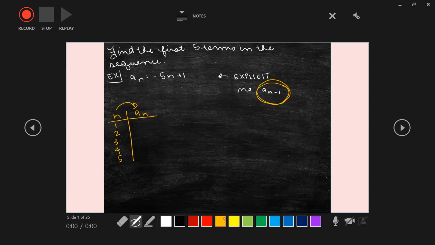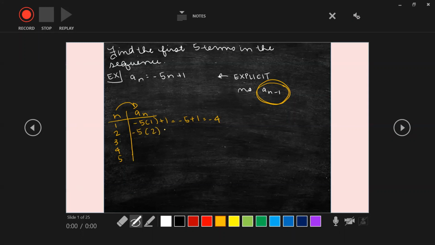But whenever you're using an explicit formula, you use the value to the left in the n category to get the value in the right category. So we will do negative 5 times 1 plus 1, or negative 5 plus 1, which will be negative 4, and we continue down the line.